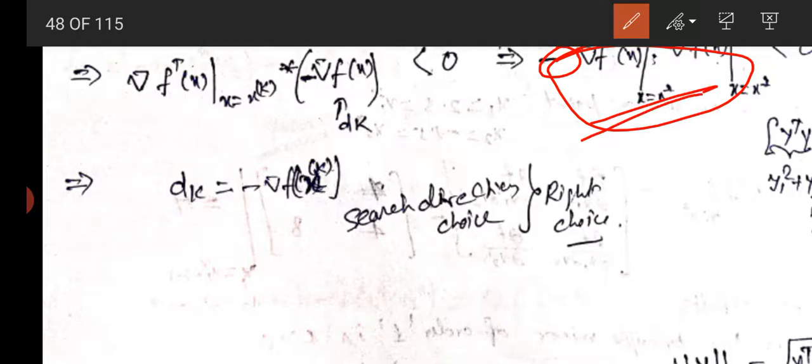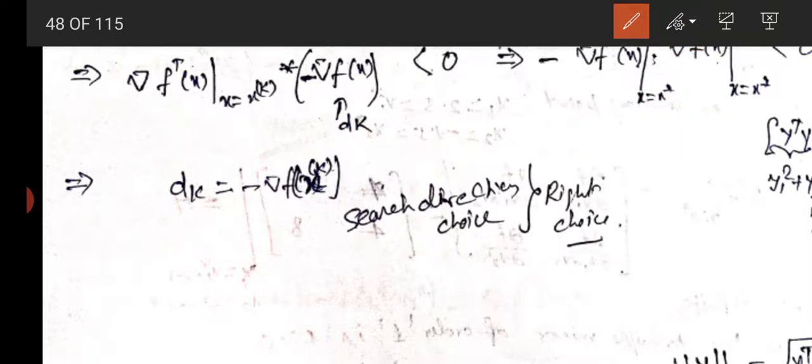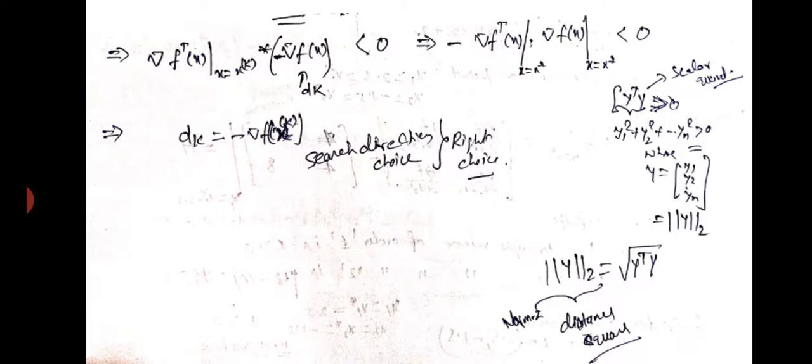It means by choosing dk equal to minus of gradient of f(xk), your choice is very accurate. You are going towards the right direction, and your minimization problem is accurate.